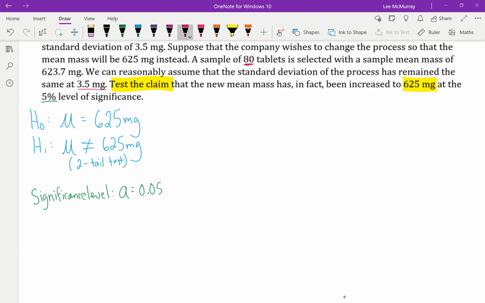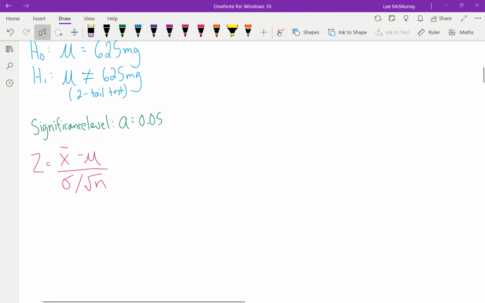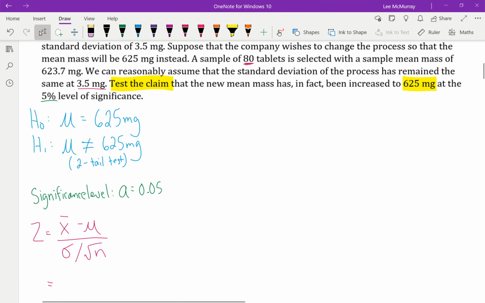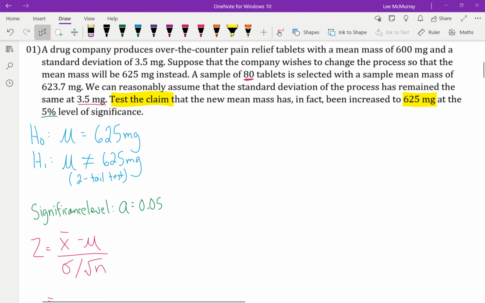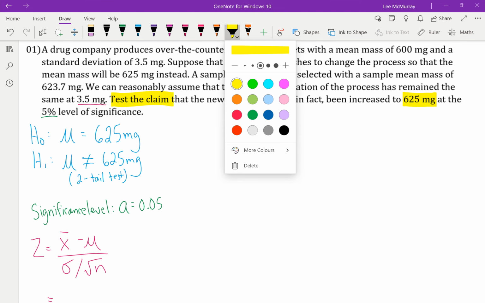So for our Z distribution, we're going to say Z is equal to X bar minus mu divided by our standard deviation divided by the square root of n, okay? So what we're going to do is just plug in our values for that. So our X bar, what is our sample mean mass?